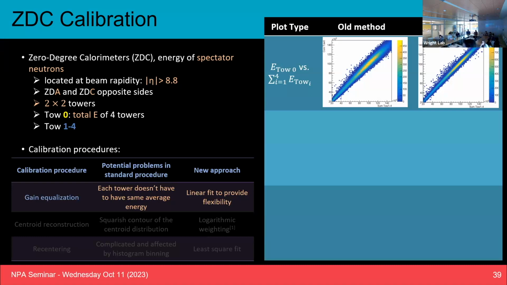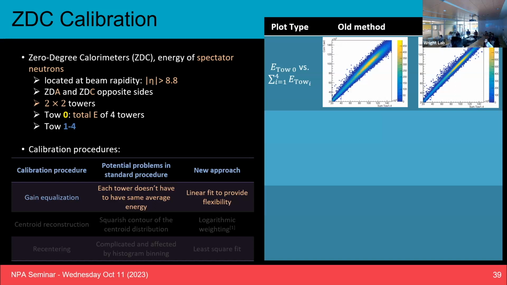You start with the gain calculation. The point is to equalize each tower and make sure the gain is properly set. In the old way, you basically force each tower to have the same average energy. But this is not true, because each tower can have a slightly different gain. So I did a linear fit to provide a better calibration for the gain.